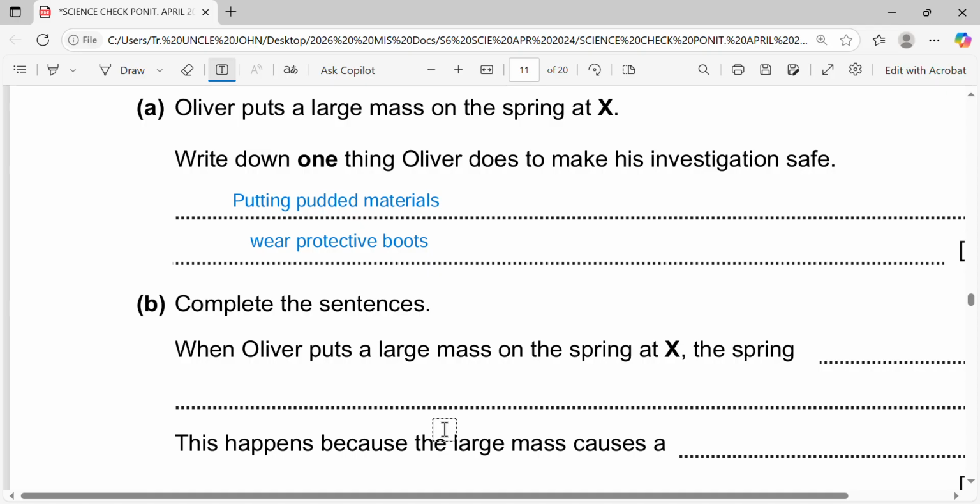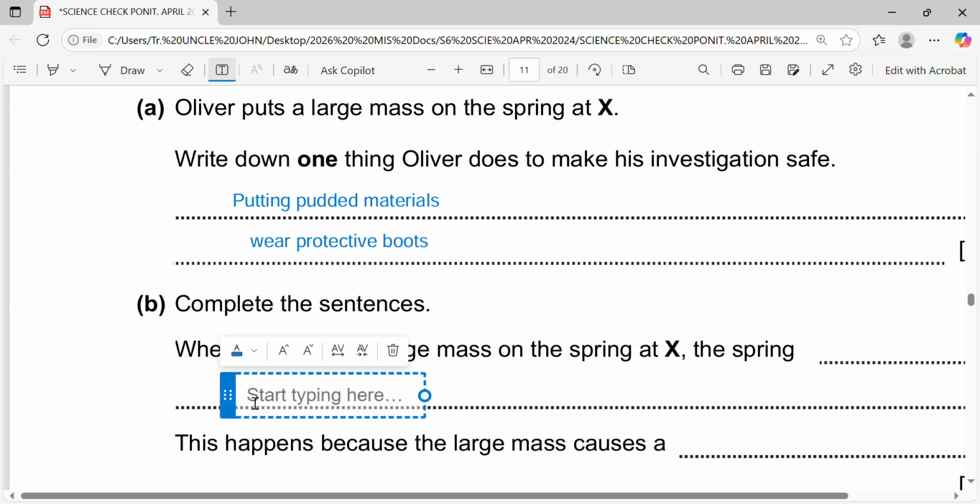Then B, complete the sentences. When Oliver puts a large mass on the spring at X, the spring stretches. You can say it stretches. Or changes shape.